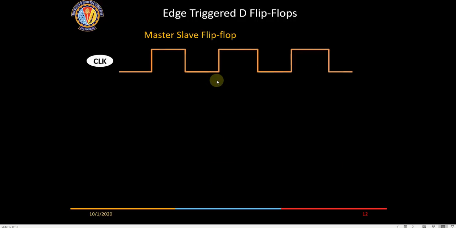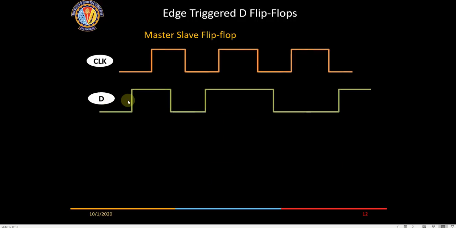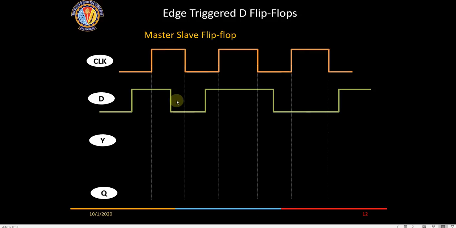Okay, so now we make it like this. This is D, and this is the enable, or the clock is high. During that time, we are first making the graph only for when the clock is high. So whatever is D, we are reproducing here. Whatever is the value of D during the clock high, we are reproducing here.